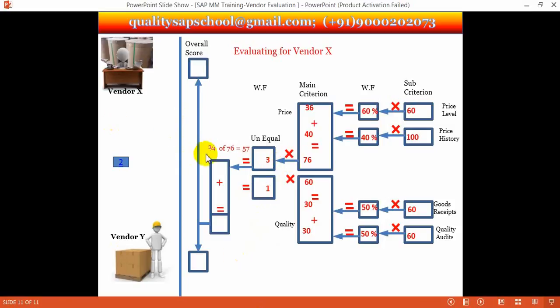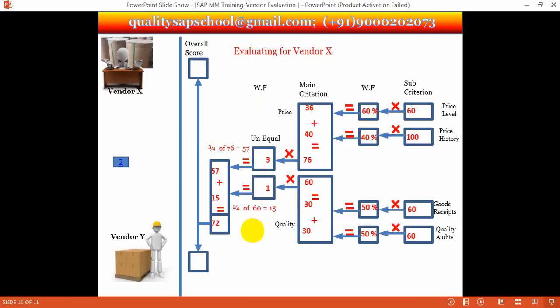So 3 by 4 of 76 gives 57. Whereas in quality, 60 is 1 out of 4 parts. So 1 by 4 part of 60 is 15. Now from the quality side it contributes 15, from the price side it contributes 57, together it will come to 72.